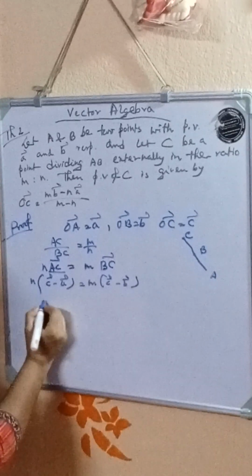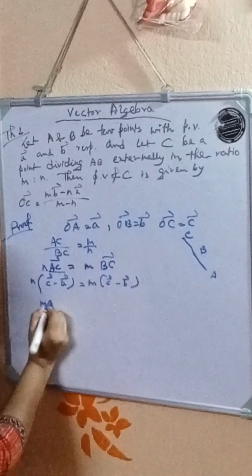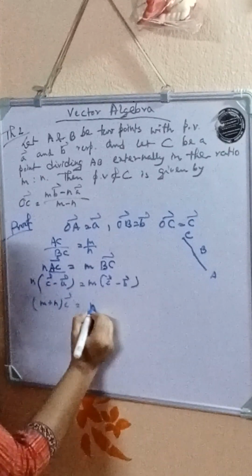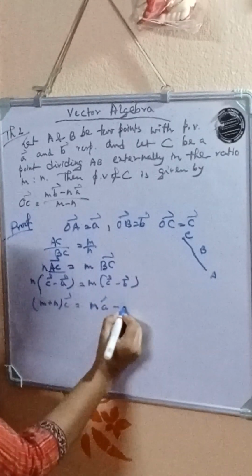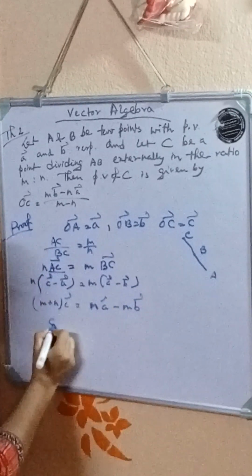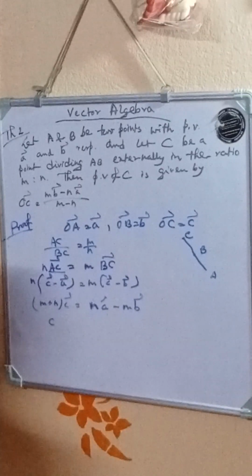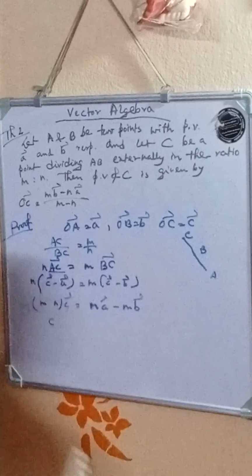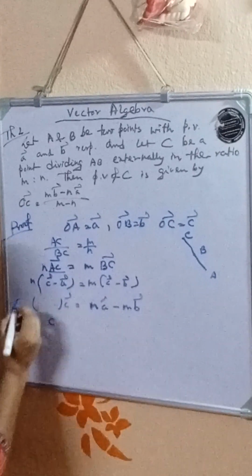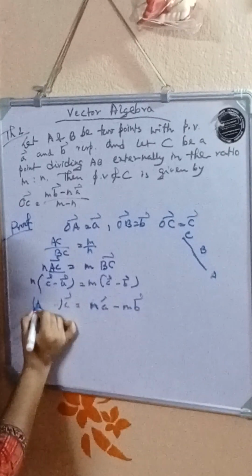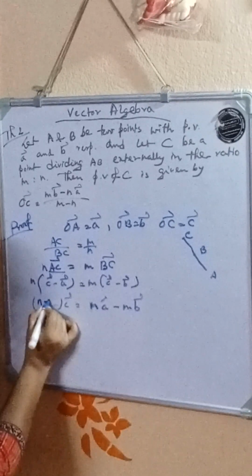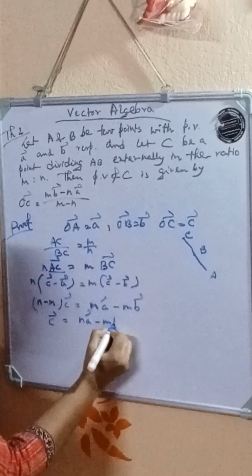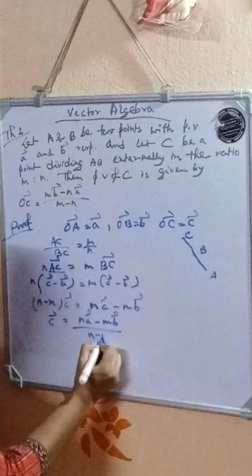Therefore, (m minus n) C vector equals (m B vector minus n A vector).